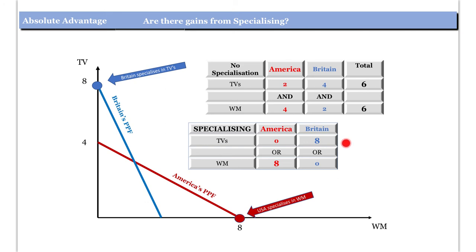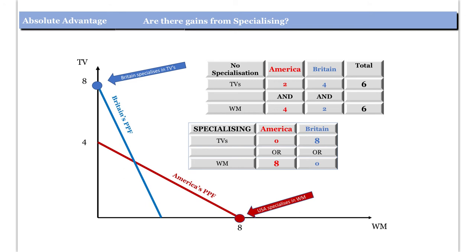Assuming there are only 2 economies in the world, that means that there are gains from specializing and then from trading. So Britain in this case would take its televisions and would start to trade with America. Now we won't go into that in this video simply because that's the part that we need to consider when we look at comparative advantage.